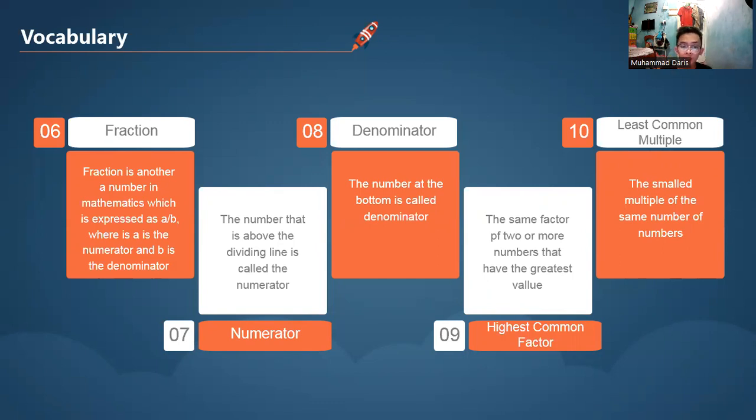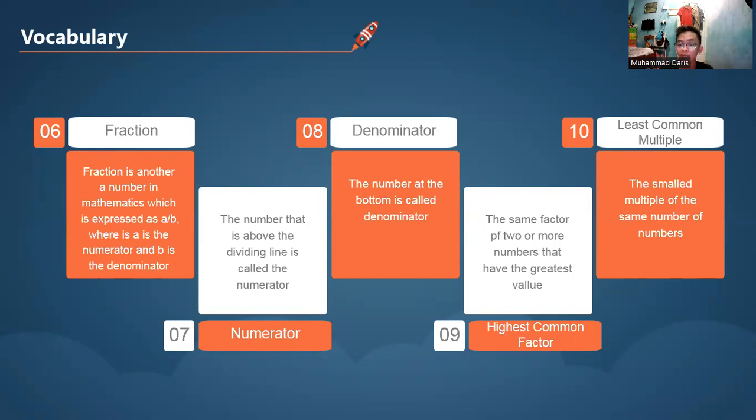The number that is above the dividing line is called the numerator. Okay. Numerator in bahasa is pembilang. Eight, denominator. The number at the bottom is called the denominator, or in bahasa is penyebut.